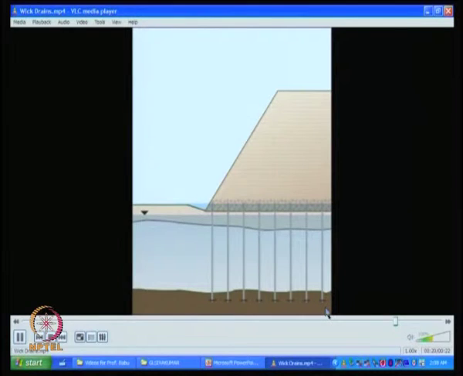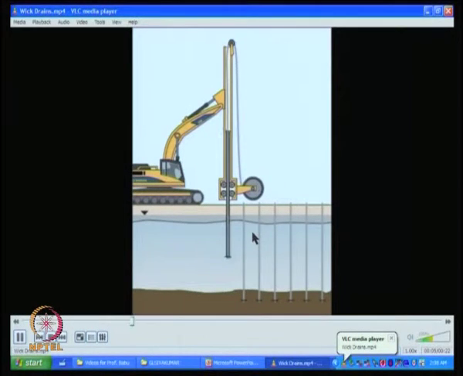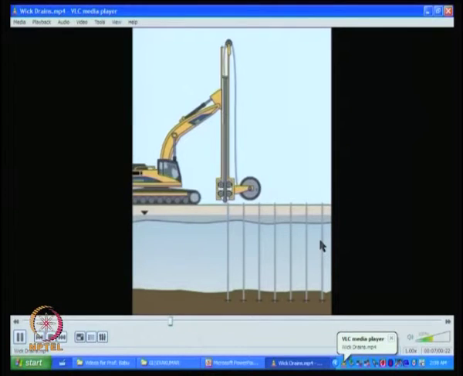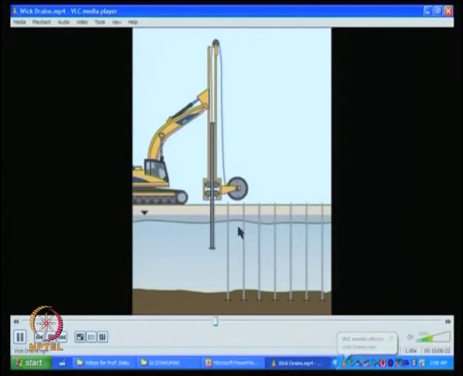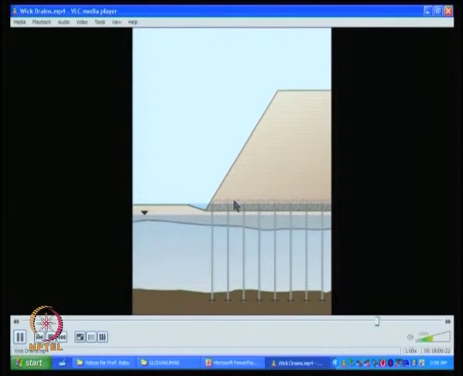This could be a heavy embankment of 5 to 10 meters, or about 5 meters, and you can see once again a series of prefabricated verticals being installed in the field. Once it is done, you can see a drainage layer also here, then you have this embankment, maybe about 4 to 5 meters.